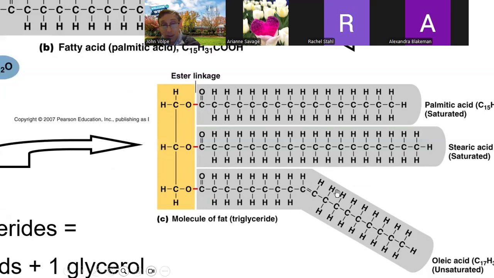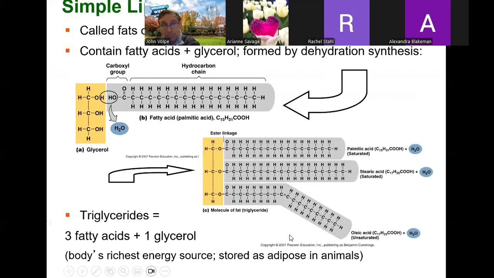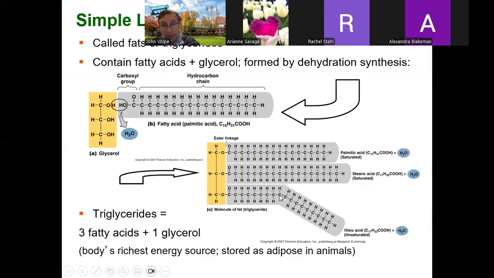Also, when we're talking about a triglyceride, you only need one double carbon bond to call this an unsaturated fat or triglyceride. Any question about any of that? And you can see the kink right there where the double carbon bond is.